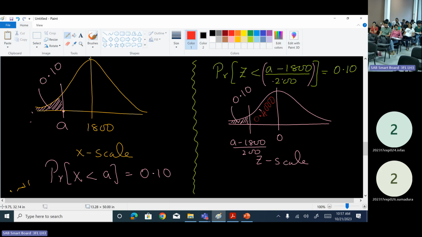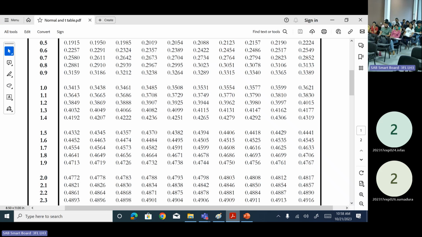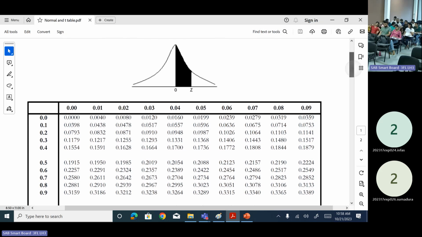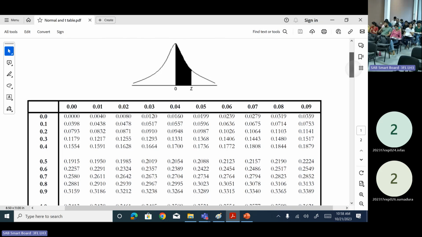So these are the types of areas given in the middle part of your table. Now we need to look for that 0.4. So this is your table. In the table, areas from 0 to whatever the level, the highlighted areas, are given.